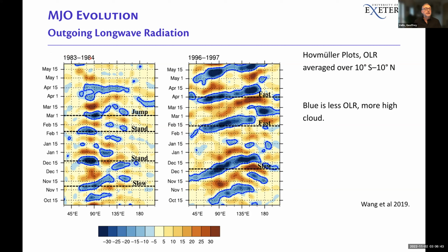In 1983, 1984, we didn't see any particular MJO activity, but here, can you see the laser pointer here? You see the blue patches going up and to the right. They are this cloudiness, this storm activity moving eastwards at about 5 meters per second.